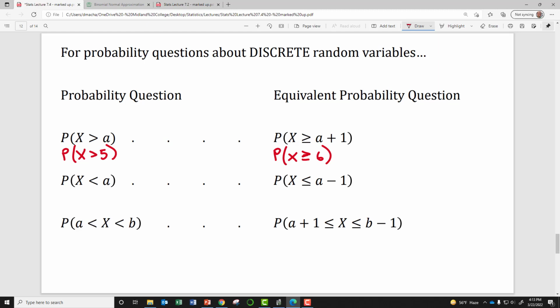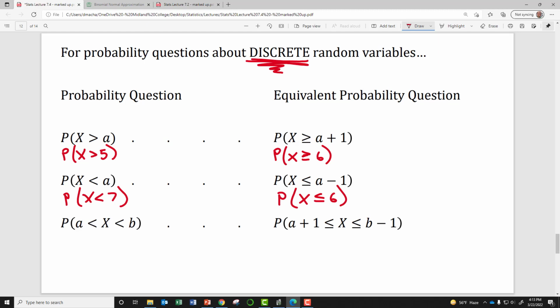And these have to be the same because your random variable can't take on any values between 5 and 6. And if you're asked what is the probability that x is less than 7, well, that's the same as the probability that x is less than or equal to 6, right? Because you can't have a value between 6 and 7 anyways, so these are the same probability as long as we're talking about a discrete random variable.